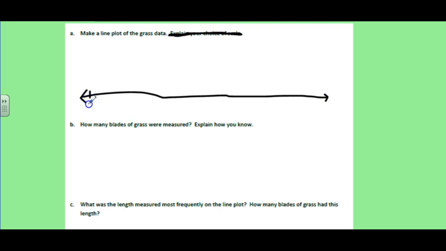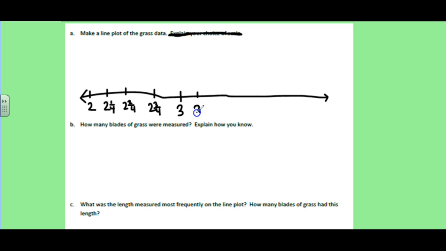Once again, remember that we're starting at 2, and then we're going to have to go to 2 1/4, 2 2/4, which we know is the same thing as 2 1/2. Then we're going to have to go to 2 3/4. And we know that the next one, if I kept listing fractions, it would say 2 4/4, but we know that 4/4 is the same as 1 whole, so I'm actually going to be going to 3.